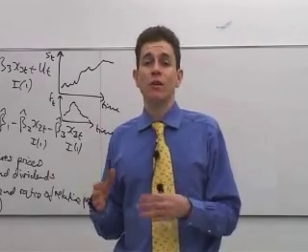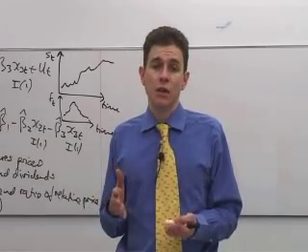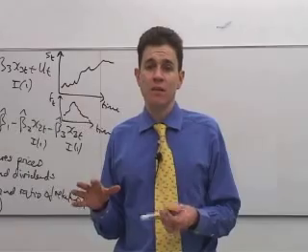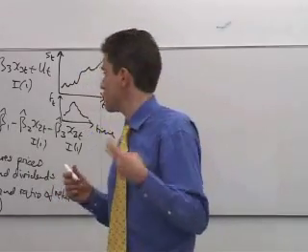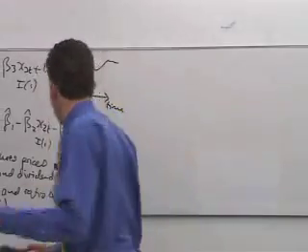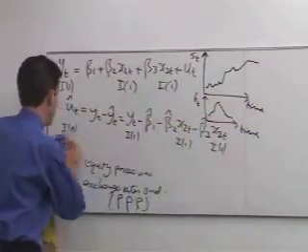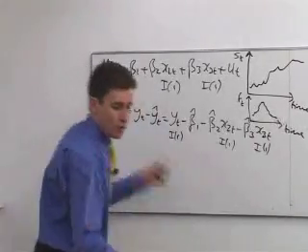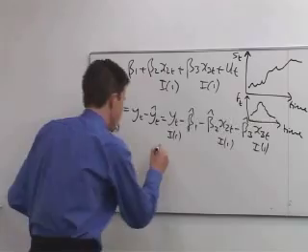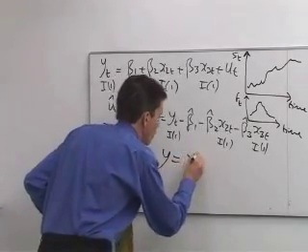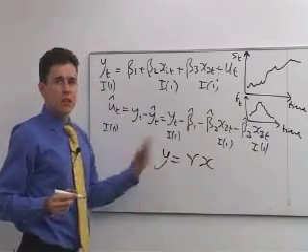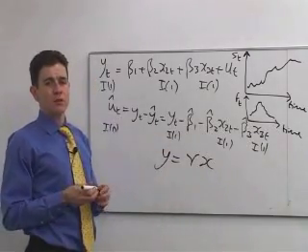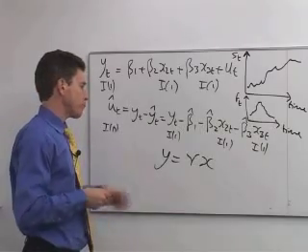We could then cancel out beta 2 and remove the time subscripts so that the long run or equilibrium solution to that model would simply be y equals gamma x. So that would be the long run or equilibrium solution to that model.